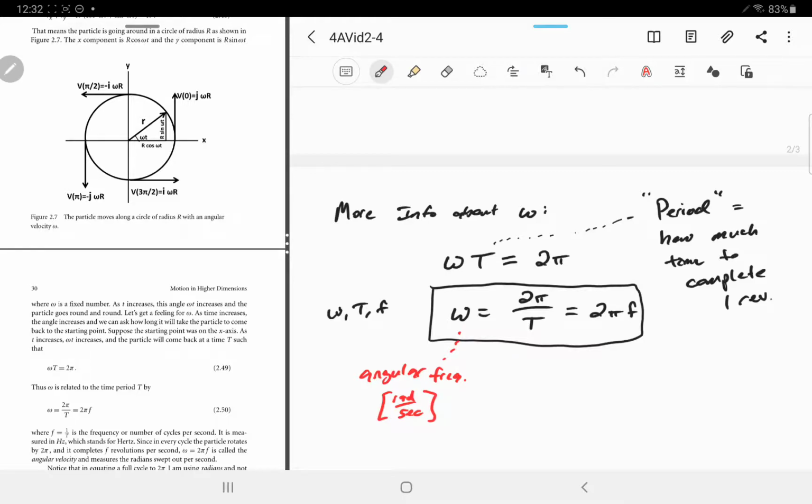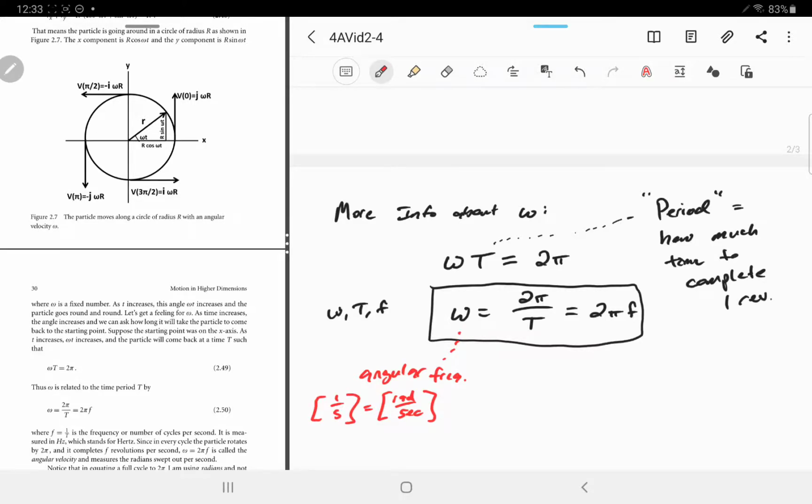If omega is 4 pi, then that means the particle is going around twice in 1 second. It undergoes 2 circles in 1 second, 4 pi radians per second. So omega is how much angular displacement the particle undergoes in 1 second. So radians per second, or you might see it just as 1 over seconds.